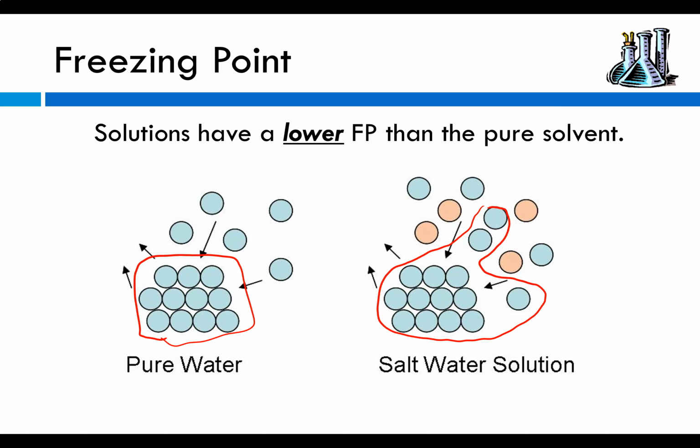You cannot freeze these salt particles, or ions more specifically, into the solid. They have to be kind of frozen out of the solid. This requires a lower freezing point temperature to do so. So we see this depression of freezing point regardless of the nature, or the identity, I should say, of the solute.